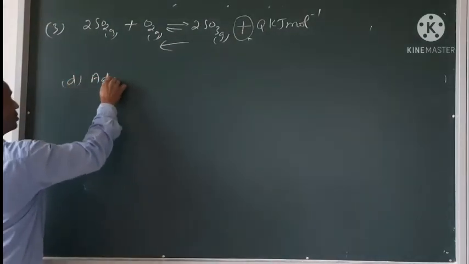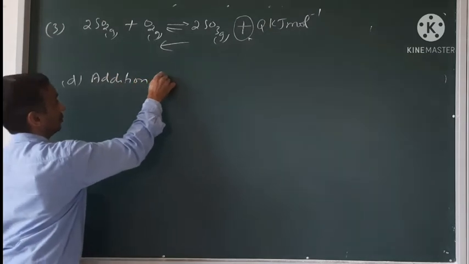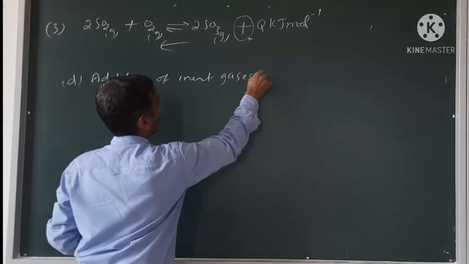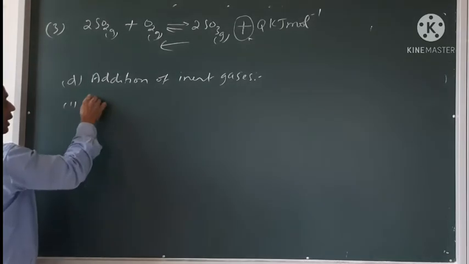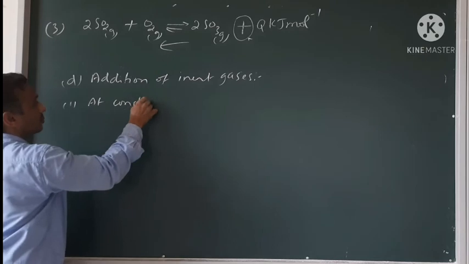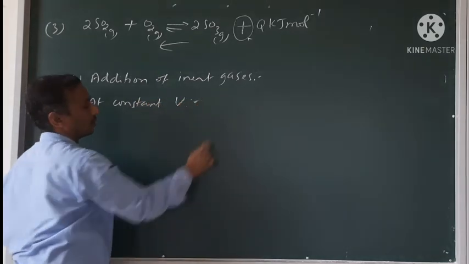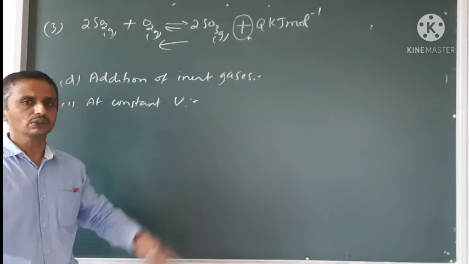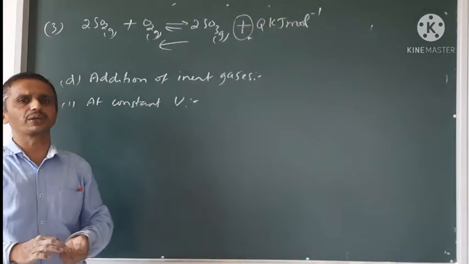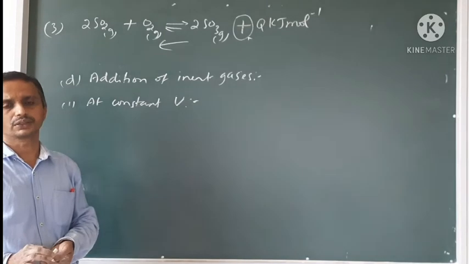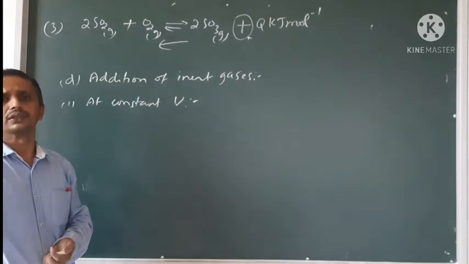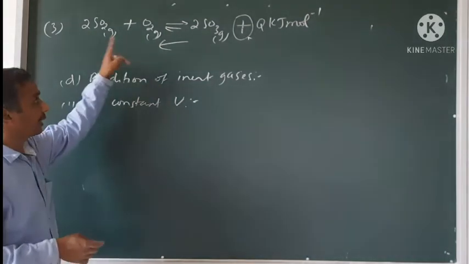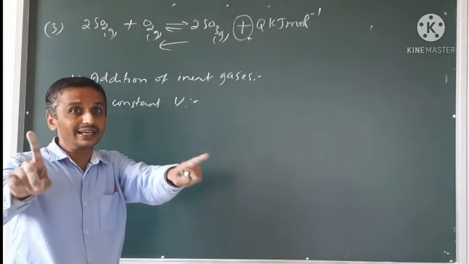Then, addition of inert gases. First, at constant volume. At constant volume, the partial pressure or the concentrations remain the same, because the volume is the same and the number of moles is also the same for reactant or product.